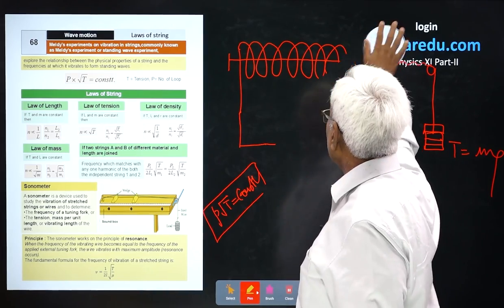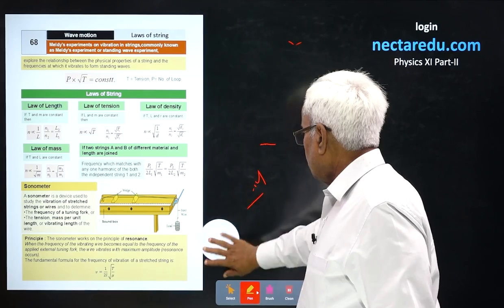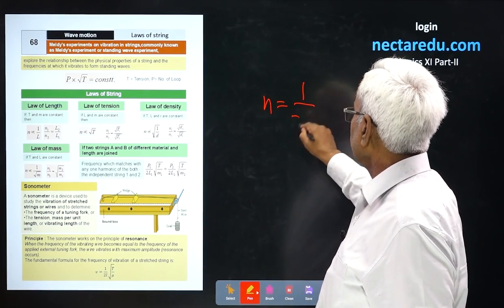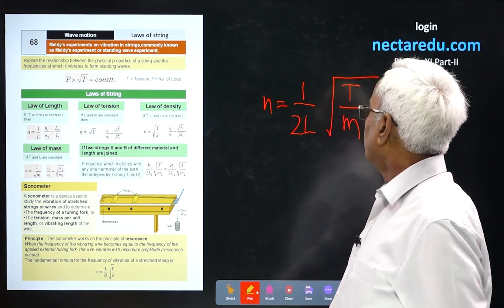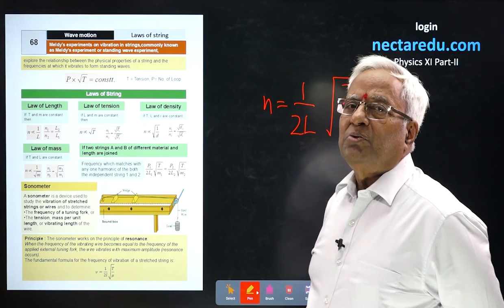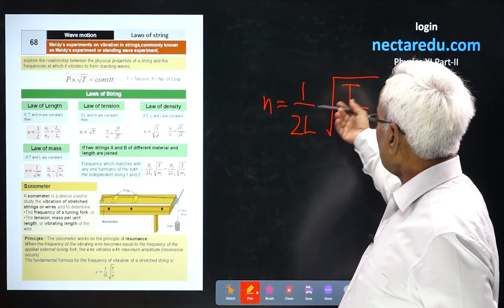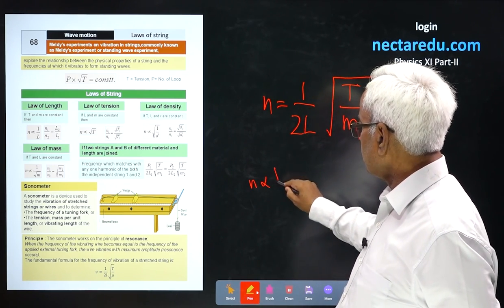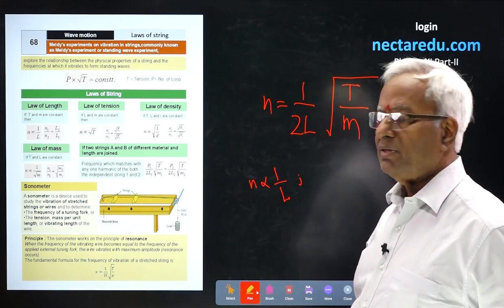In a stretched string, the formula for the fundamental frequency is given by this relation. We could formulate various laws from this very equation, like you could say n is proportional to 1 upon L, but all these laws are going to be conditional.